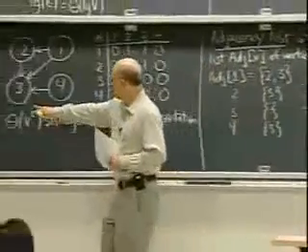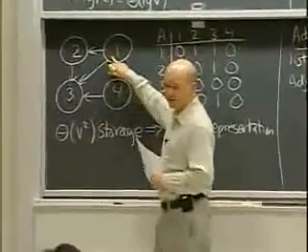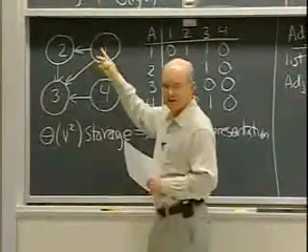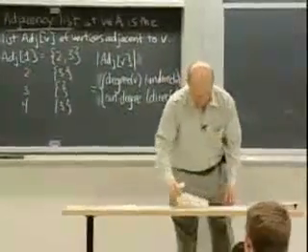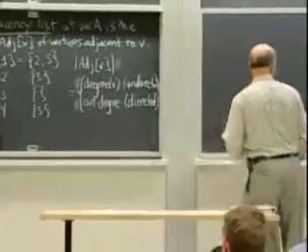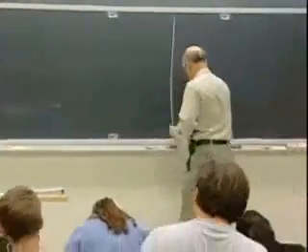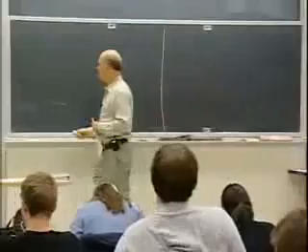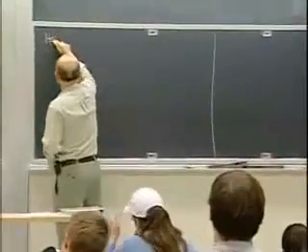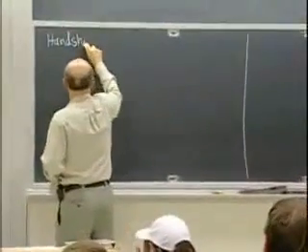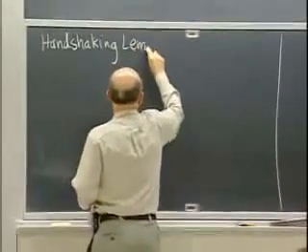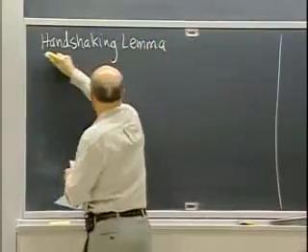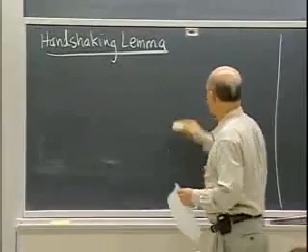So here the in-degree is 3, here the out-degree is 2. One of the important lemmas that comes up is what's called the handshaking lemma. It's one of these mathematical lemmas.